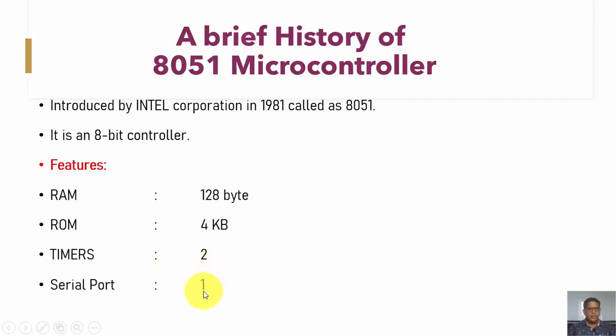For serial communication, one serial port, followed by four inbuilt GPIO. So a total of four general purpose input output ports are associated with the 8051 microcontroller, and each of these ports is 8-bit wide. Let us discuss it in detail again.